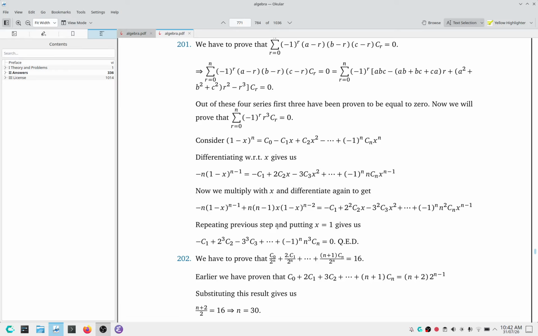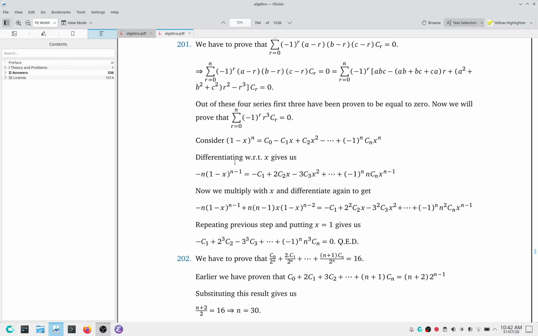So repeating this step, that is multiply x and differentiate again. So there is a mistake, I can see it. The C0 is missing here. So what you can do is you multiply it with x beforehand. So it is x times 1 minus x to the power n is equal to C0x minus C1x square plus C2x cube and so on.